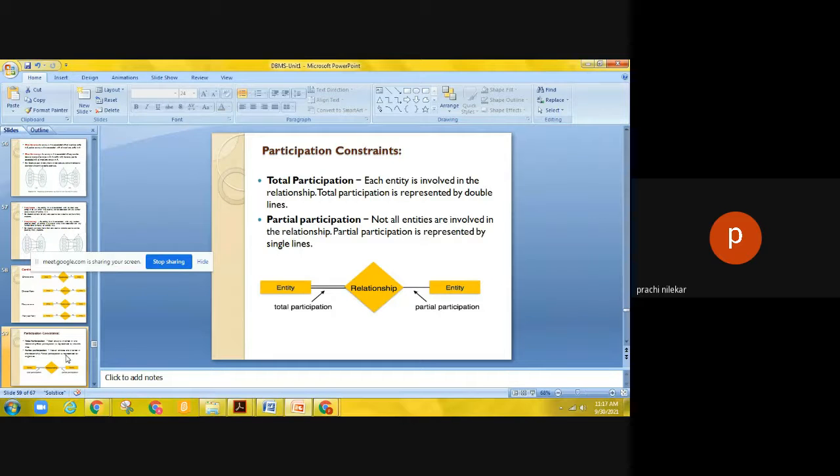If each and every entity from the entity set is involved in the relationship, then it's called total participation, and it is represented by double lines.